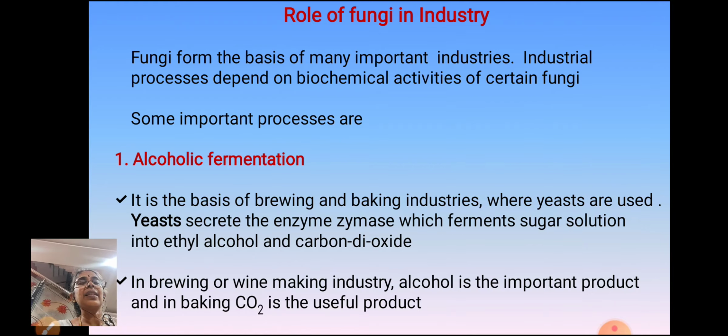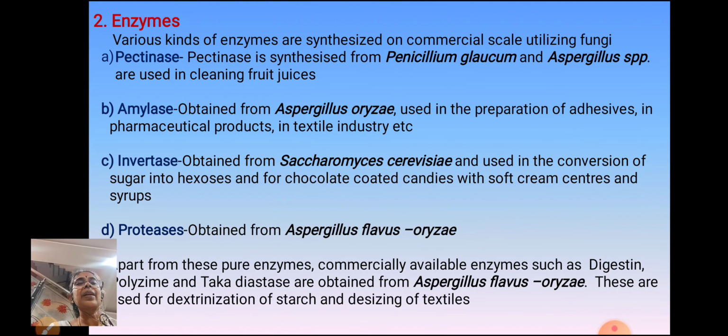Yeast secretes the enzyme zymase, which ferments sugar solution into ethyl alcohol and carbon dioxide. In the brewing or wine making industry, alcohol is the important product, and in the baking industry, carbon dioxide is the useful product.